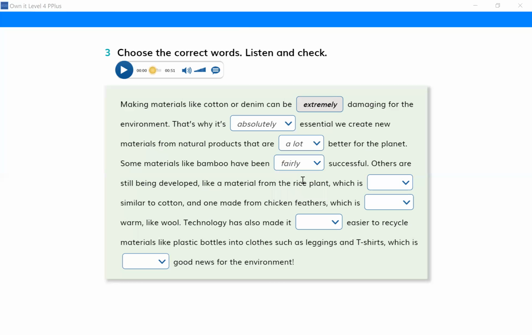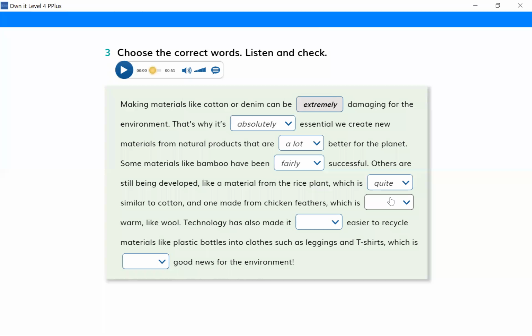Others are still being developed, like a material from the rice plant, which is quite similar to cotton or a bit similar. I just want to draw your attention that a bit is used right before comparative adjectives, which means quite is the answer here.